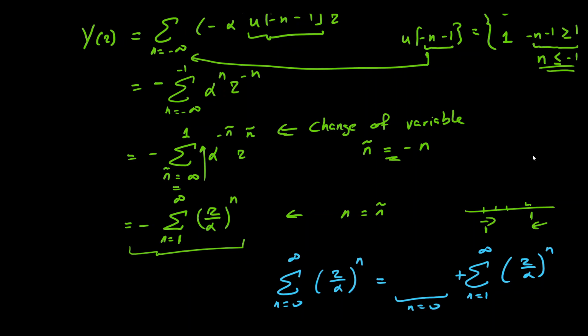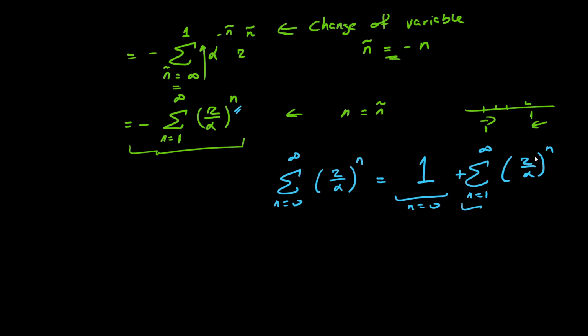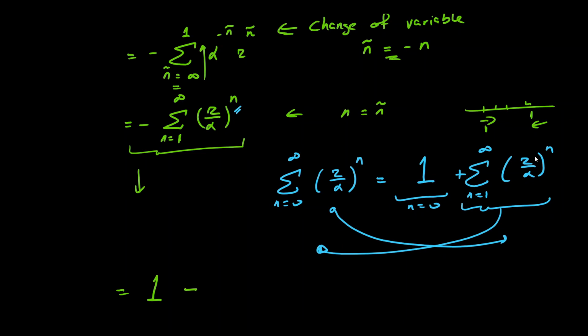So if we plug in n equal to 0 in this function, anything raised to power 0 is simply 1. So we would have 1. So we can bring this term towards the left side and this term towards the right side. Hence from this equality we would have 1 minus the summation n equal to 0 to infinity of z by alpha raised to power n.